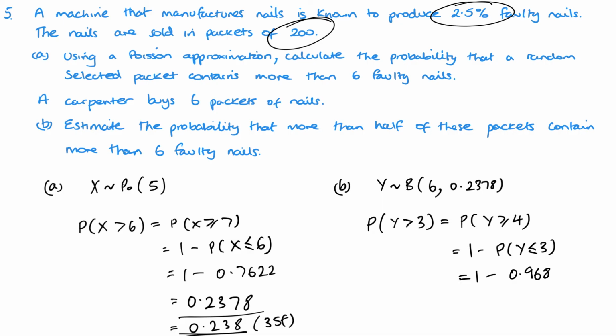So it's 0.968475 and so on. And then I need to do 1 minus that. Always easier to store it in your calculator first. And that should give me 0.0315. Obviously it carries on, but I'm going to go straight in with 3 significant figures there.